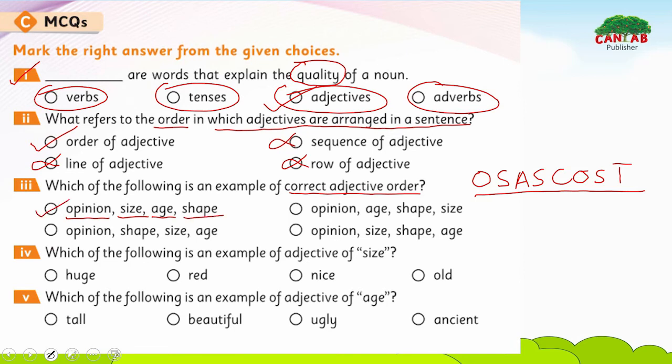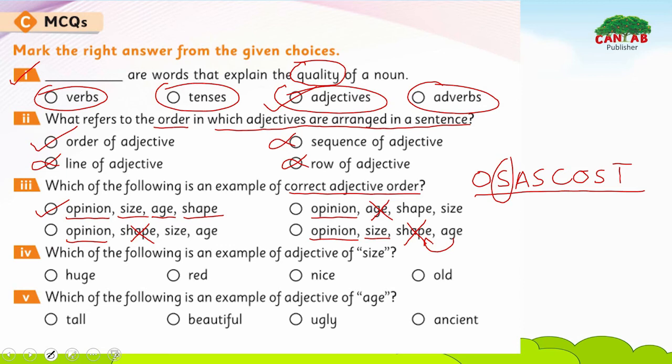Let's check the remaining ones. The first is opinion, true. The second is age, no, this is wrong. The next one is shape, wrong. The fourth option: opinion, true. Size, true. Shape, wrong, because here the third one is age.